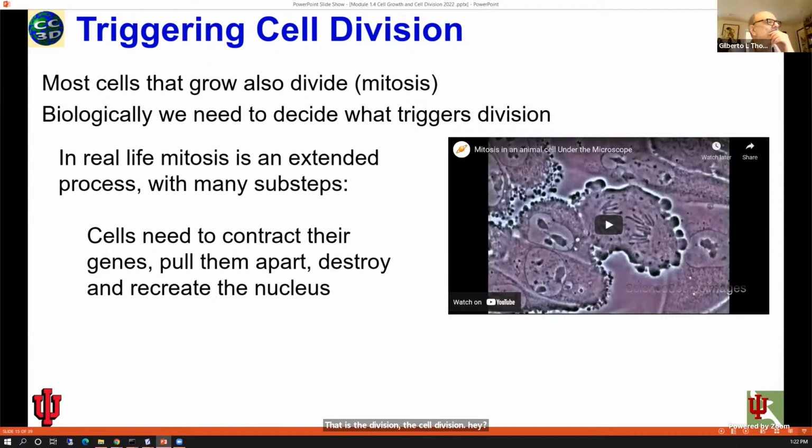Okay, what triggers cell division? We saw yesterday about cell cycles, cell entering in different phases, and basically when the cell decides to divide, it is in some cell cycle.